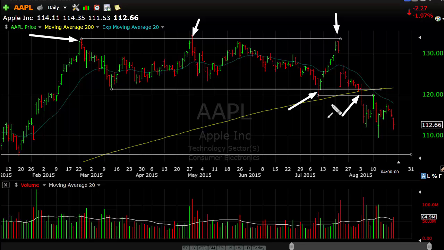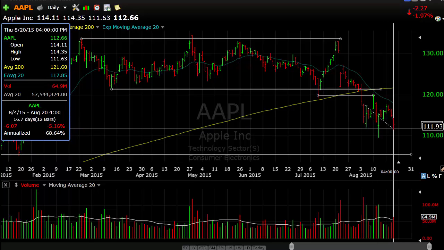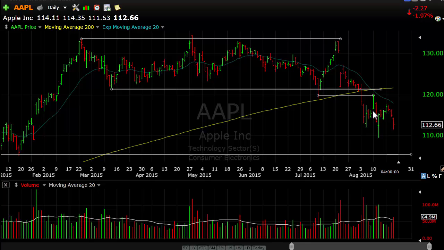So you could have been shorting it right here at these different points, or when the stock bounced right here, that was just the dead cat bounce, and then right here was another shorting opportunity when it rejected at this 20-day moving average. Now, if you wanted to be safe, you could have definitely waited till we broke this level or even this level, and even if you waited, you still would be up 6 points, and 1,000 shares, $6,000 right there in a few days.